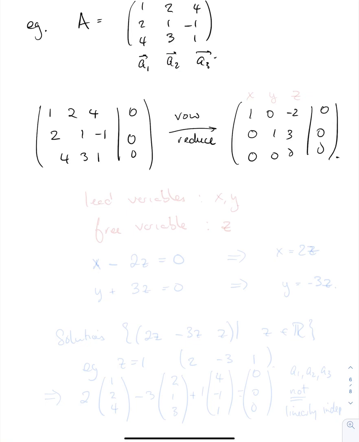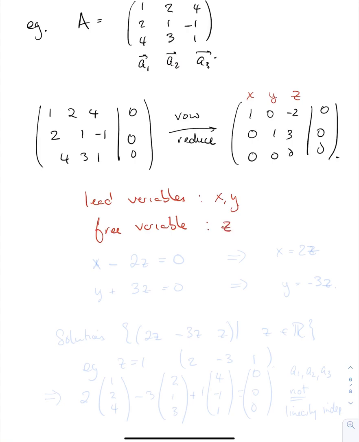All right. So, remembering that this corresponds to some system of linear equations, we'll know that the first column, second column, and third column correspond to the variables x, y, and z respectively. So here's what I'm going to get from this: my lead variables are x and y, and my free variable is z.